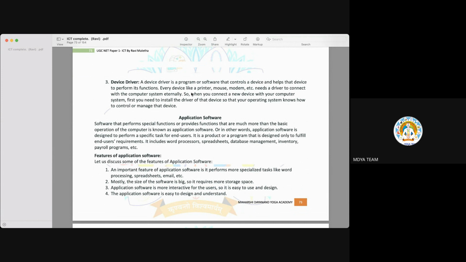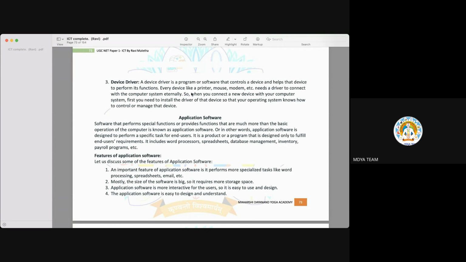This type of program fulfills the requirement of an end user like us. We have to give some instructions to take a certain output from the computer. Examples include word processor, spreadsheet, database management, inventory, payroll program. It depends upon the requirement of the institution or organization, what function they want from the computer system.